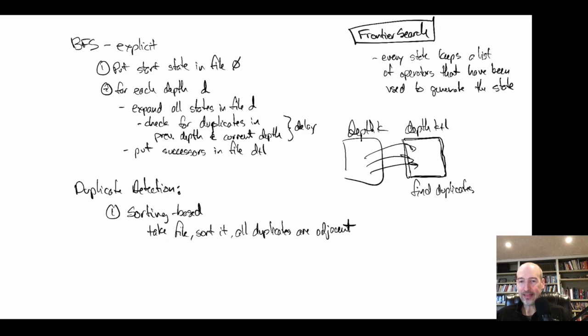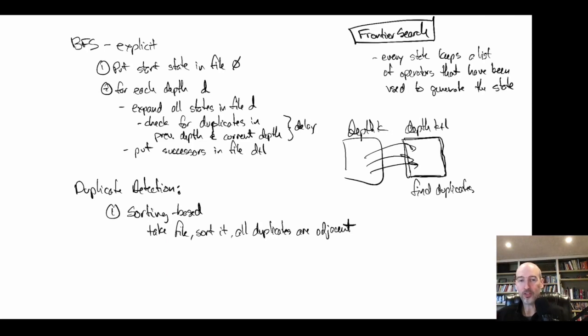And then the other thing is that if I have a file, so when I'm done with that, I have my layer sorted. So if I'm not doing a frontier search and I'm just doing a regular breadth first search, when I finish each layer, that is when I start to read the next layer, I will actually be sorting that layer. And now, given that it's sorted, it's actually very fast to compare one sorted layer to a previous sorted layer on disk.